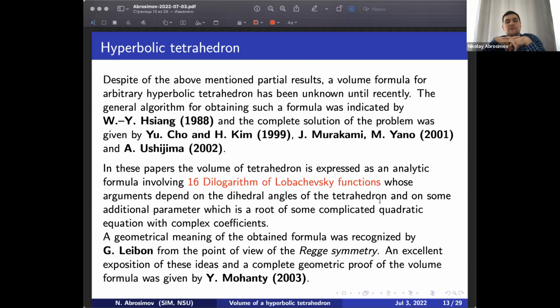In these papers, the volume of the hyperbolic tetrahedron is expressed as an analytic formula involving 16 logarithmic Lobachevsky functions, whose arguments depend on the diagonal angles of the tetrahedron and on some additional complex parameter.